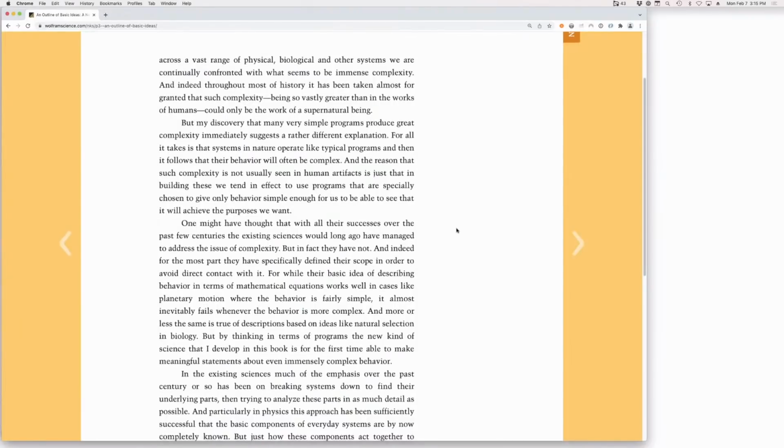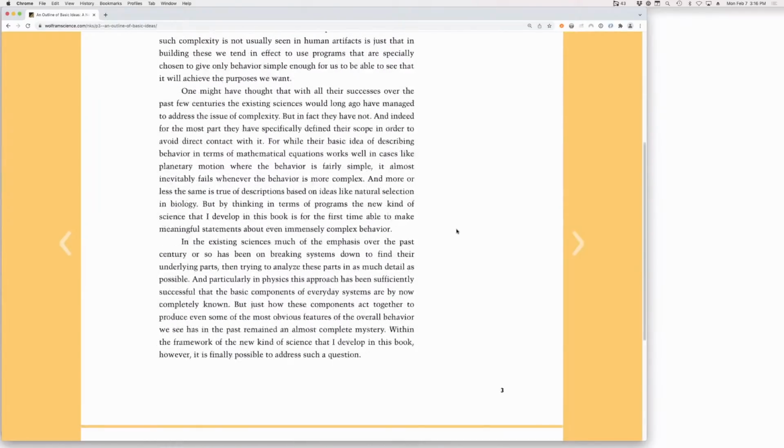But by thinking in terms of programs, the new kind of science that I develop in this book is for the first time able to make meaningful statements about even immensely complex behavior. In the existing sciences, much of the emphasis of the past century or so has been on breaking systems down to find their underlying parts, then trying to analyze these parts in as much detail as possible.